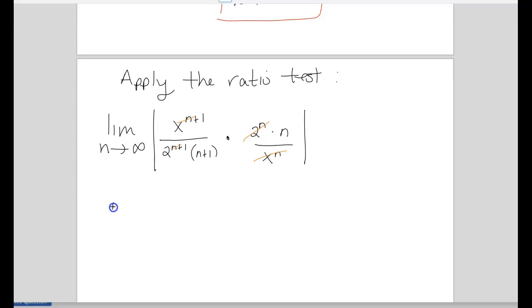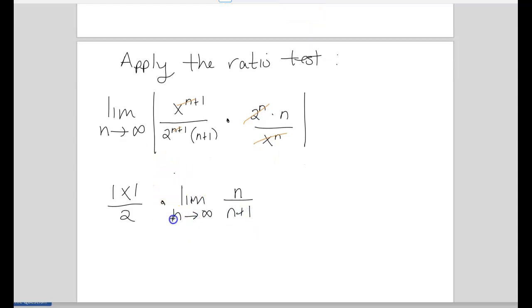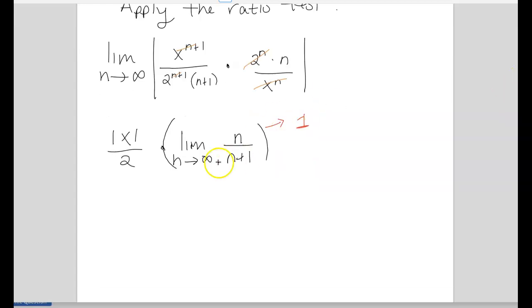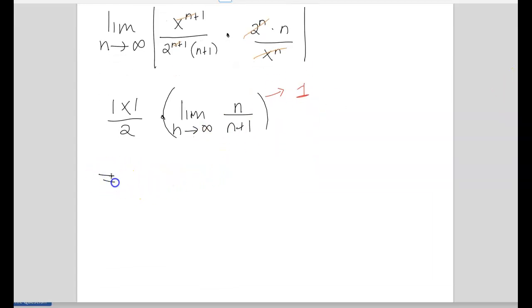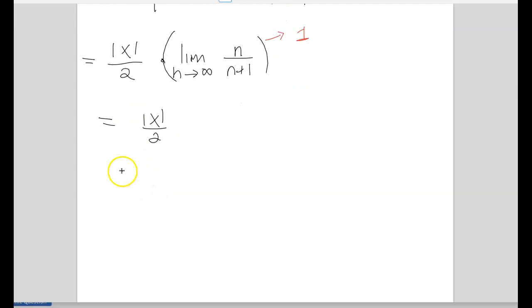So we'll have one factor of x in the numerator, one factor of 2 in the denominator, times the limit as n goes to infinity of n over n plus 1. And you can see this limit is headed for 1. And so the final limit is just equal to the magnitude of x over 2.